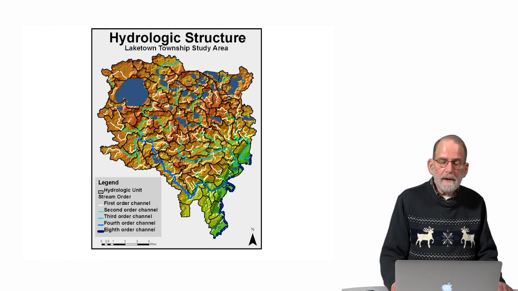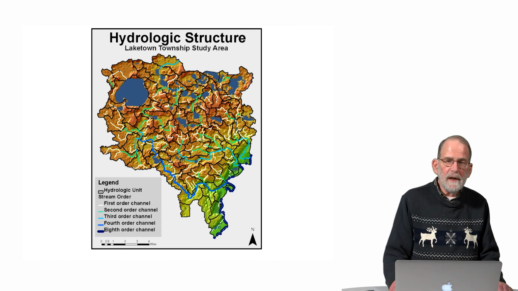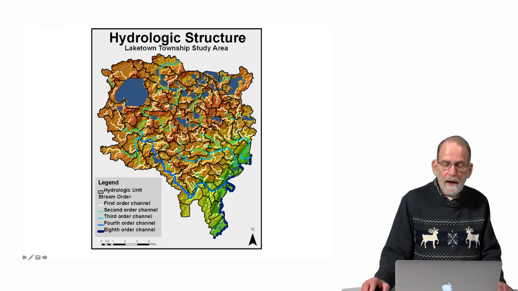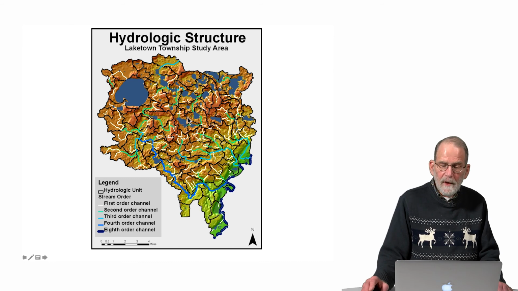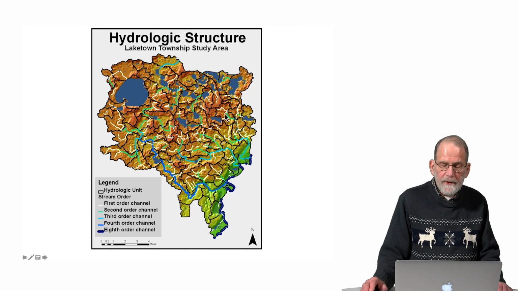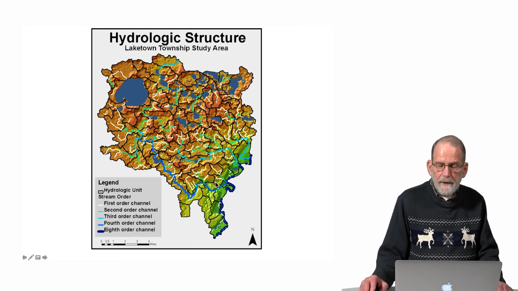In the landscape that you all are working on in this class, we can talk about the hydrologic structure of that landscape. This map shows the hydrologic orders that exist within the study area. The white represent first order channels, the green represent second order channels, the light blue represent third order channels, the dark blue represents the fourth order channel.